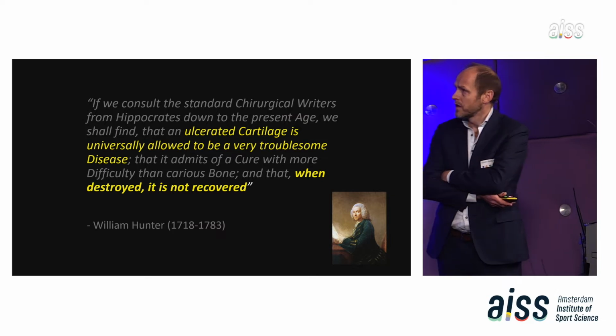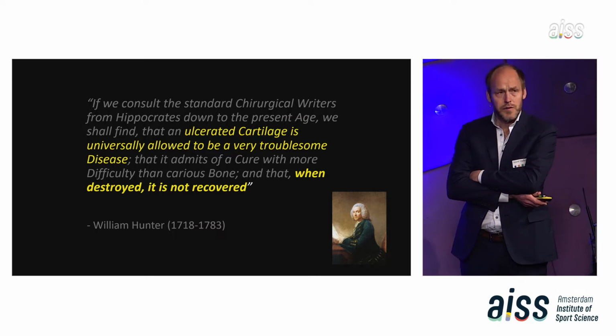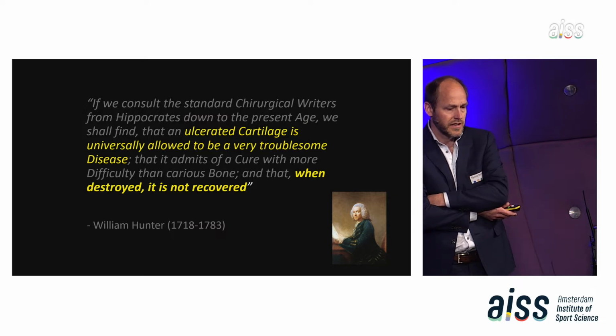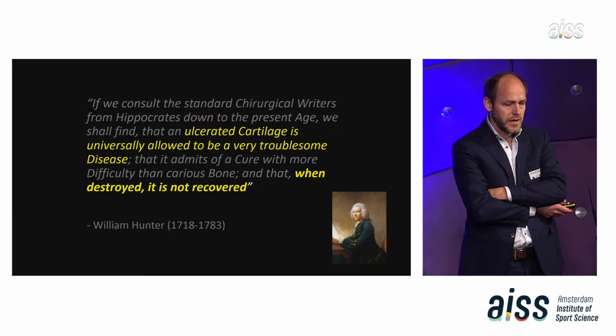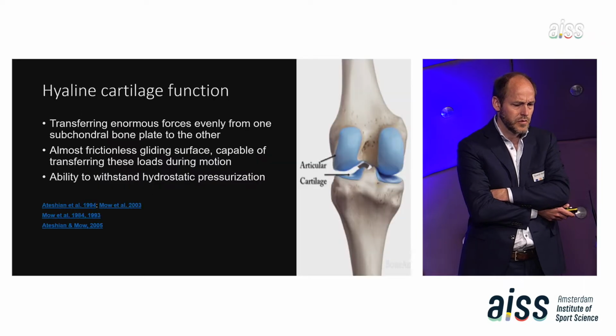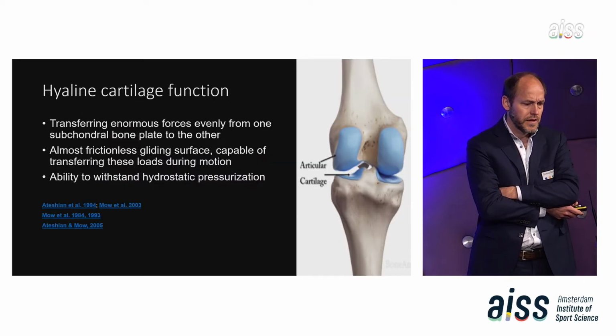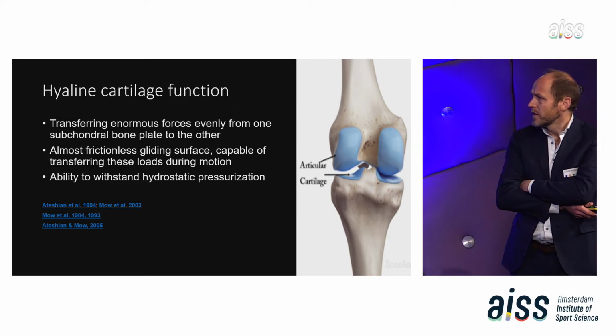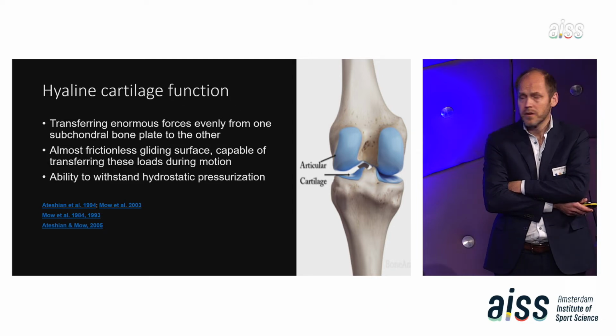What's the problem? The thing with cartilage is there's some very old knowledge saying that when cartilage is destroyed, it cannot be recovered. And the question, of course, is why is that? What's the function of the cartilage? Well, it's a force transfer tissue.